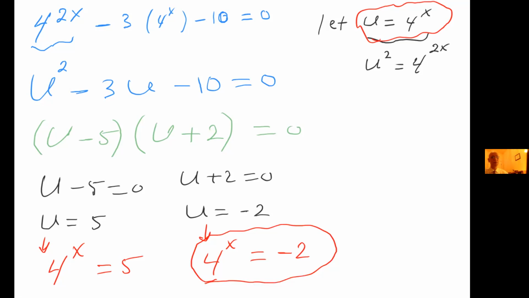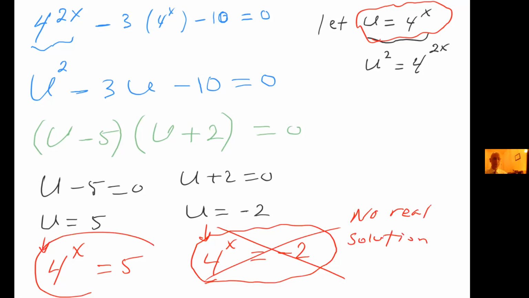There's nothing you can do to x such that 4 to the power of x is negative 2. So I'm going to toss this one and say it has no real solution. But how about 4 to the power of x equal 5? Does that have a solution? Let me go to the next page and say that 4 to the power of x equals 5.